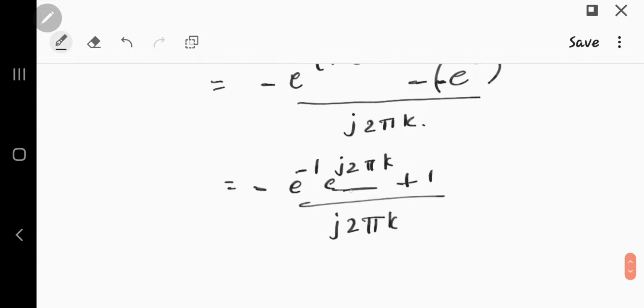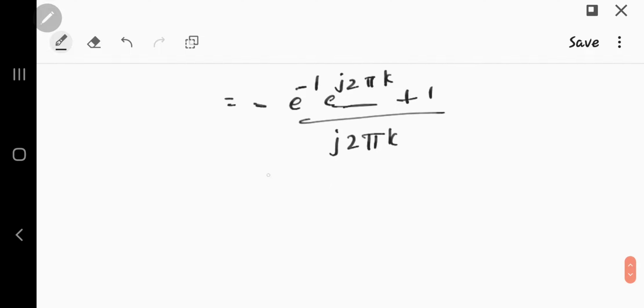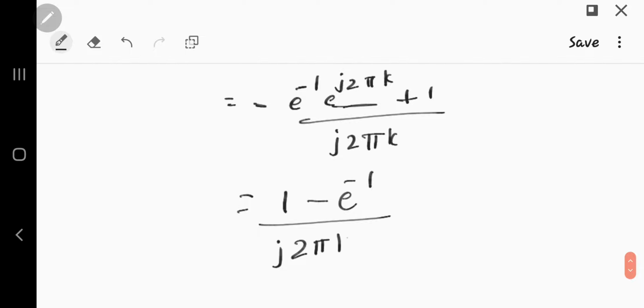So if you convert this exponent into a trigonometric function, that will be cos 2 pi plus j sin 2 pi, that will be 1. Okay, so I'll write the final answer here. 1 minus e to the power of minus 1 divided by j 2 pi k. So this is x of k here.